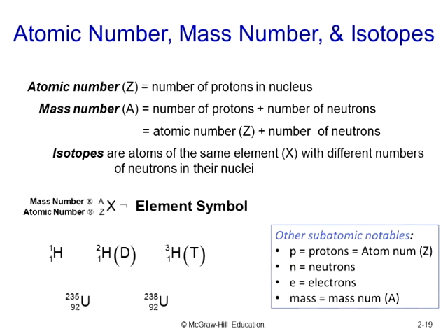Therefore, the number of protons for each element does not change. The number of protons for carbon is 6, and it stays that way. For nitrogen, it's 7. It stays that way. So that number 7 is the atomic number for nitrogen, if you look at the periodic table, and that is also the number of protons.